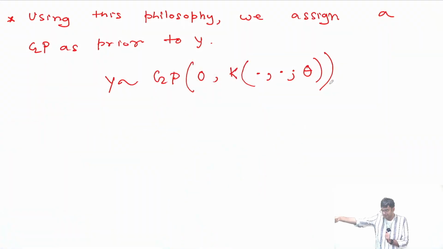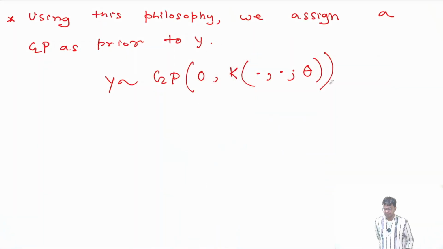Even after that, if you are not happy, include a mean, that is, make the mean function parametric. So now there is a w transpose phi(x). The mean is now parametric, and on top of that there is a GP. Even that case is possible, right? So there are possibilities you can explore to make it more accurate, but the idea is that you will never change the GP assumption.